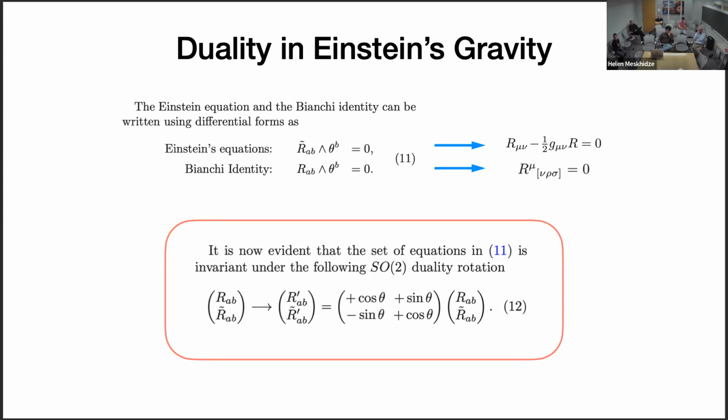So this is a slightly less common form of the equations, and not everybody has seen it, but it's a textbook thing. You can find it in some textbooks. In terms of components and projecting onto space-time indices, this gives the Einstein equations, and this gives the algebraic Bianchi identity.